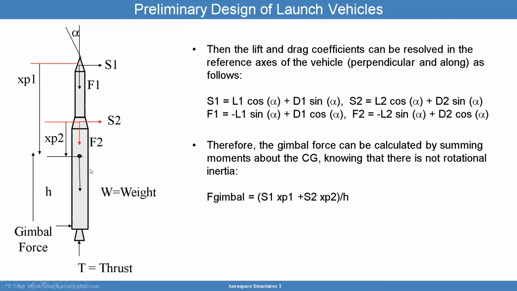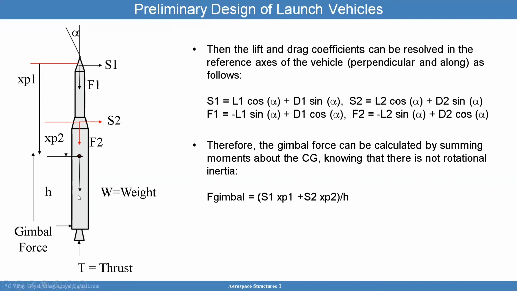So you can sum moments about this point, and the gimbal force times this distance h has to be equilibrated by the lateral force S1 times xp1 plus S2 times xp2. That will give you the moment that balances F gimbal times h. I invite you to check that later on, and you will see that's the right answer.